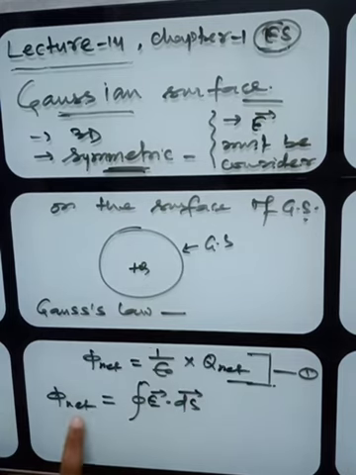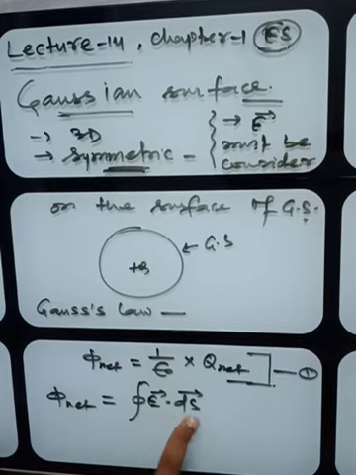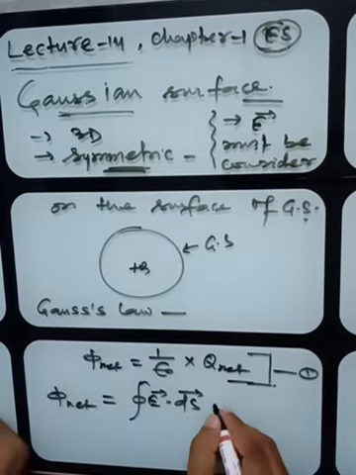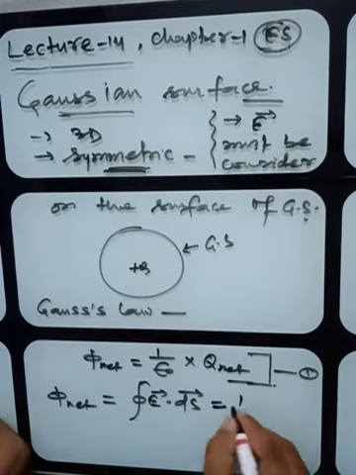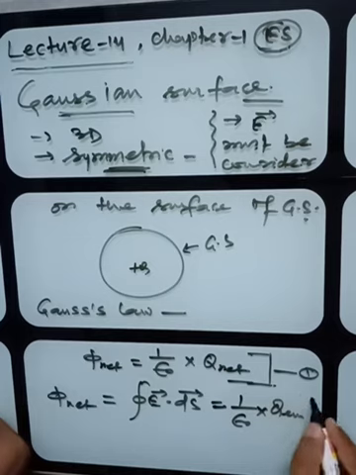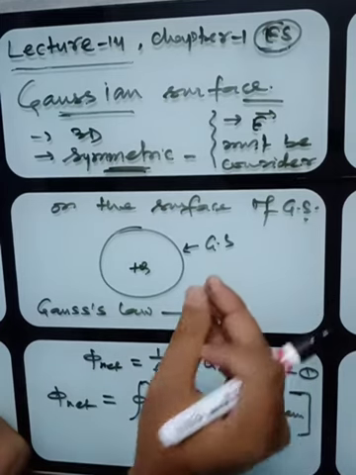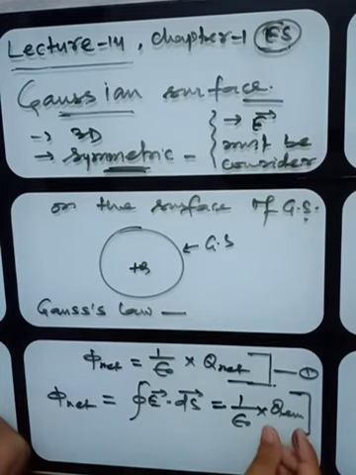The net flux will be equals the surface integral of electric field. This is also called the closed contour. And this is also equals the 1 by epsilon naught times the enclosed charge. Which charge? This charge should be enclosed within the Gaussian surface. The charge which is out of the Gaussian surface will not consider here in Q enclosed.